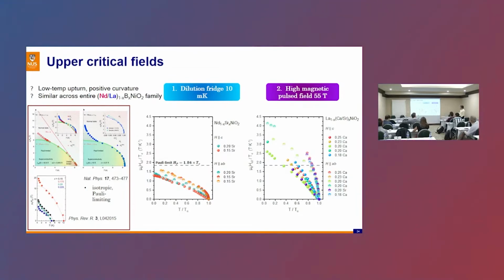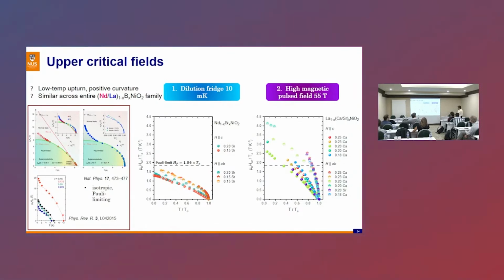But when we do this, especially in the lanthanum-based system, as you can see here, the Pauli limit is violated, at 3 times the critical field limit based on the simple BCS Pauli-limited idea. There is a slightly different feature in the case of Nd, where we don't see this upturn as we go down to very low temperature, 10 millikelvin.